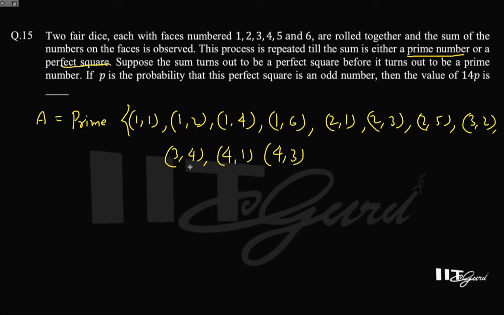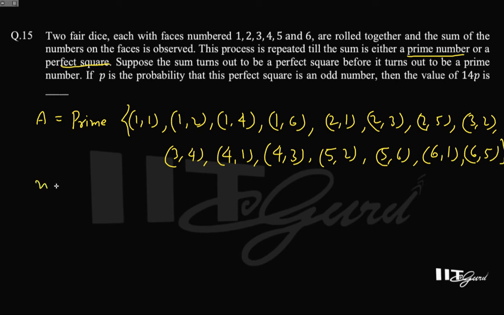Then 5 1, 5 2 is there, because 2 5 is also there. Then 5 3, 5 4, 5 5, 5 6, yes, 5 6 is there. Then 6 1, 6 2, 6 3, 6 4, as 5 6 is there, so 6 5 is also there. And now 6 6, no.